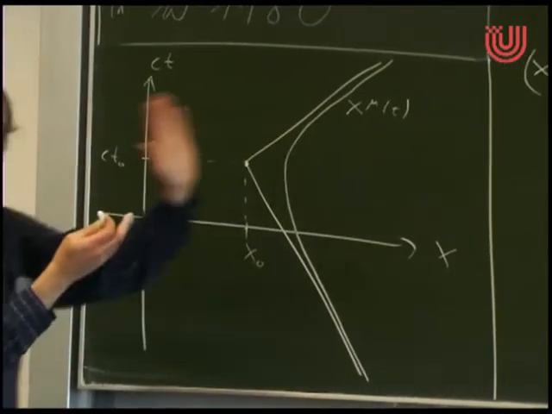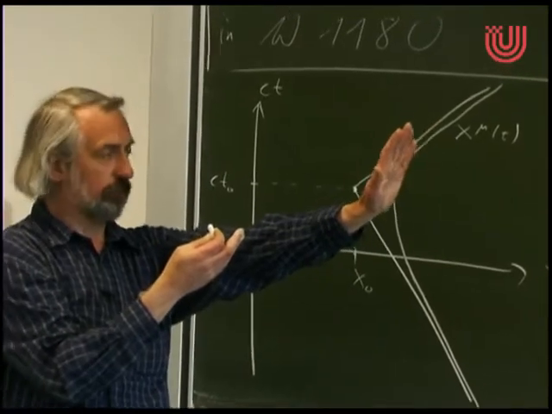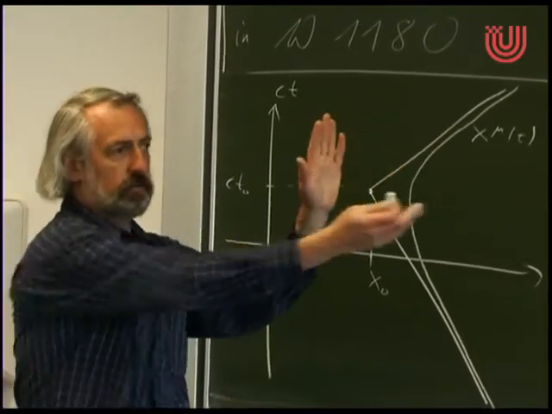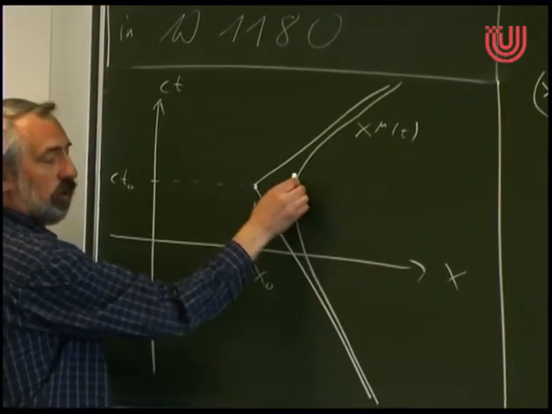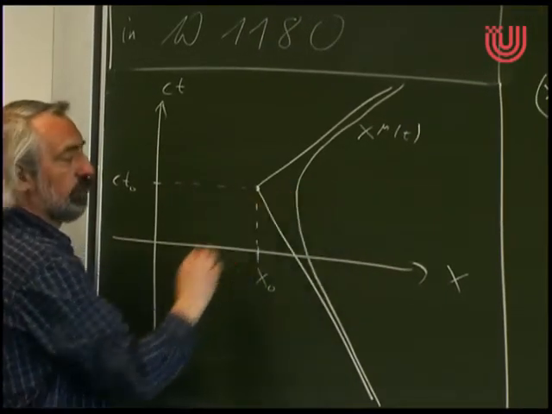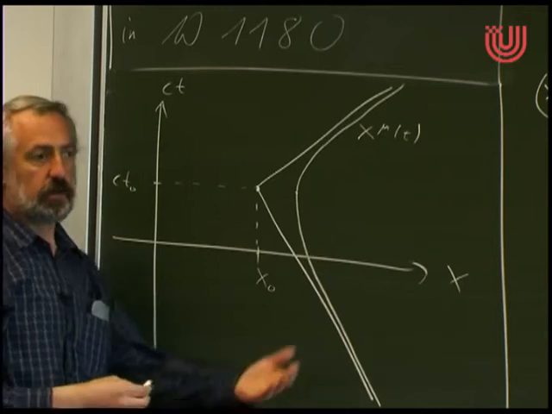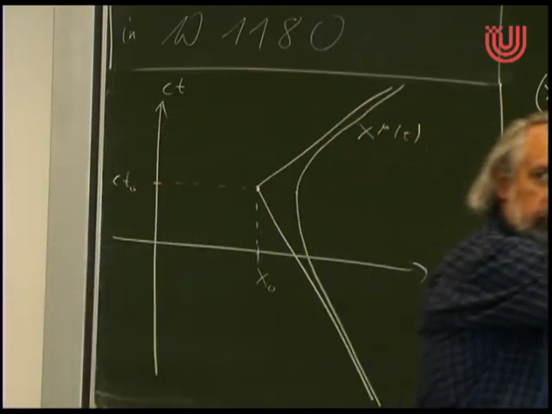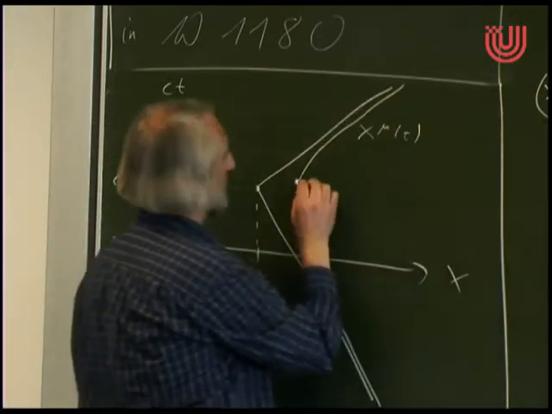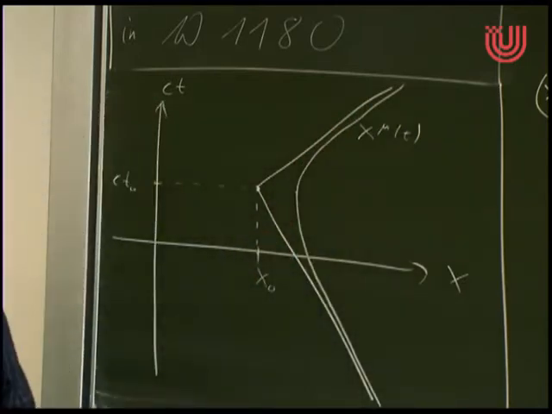And then the acceleration slows it down. So it becomes slower, slower, slower. This means the world line becomes more and more vertical. Here at this moment, it is at rest for one moment. So it slows down, comes to rest at one point, and then it re-accelerates into the positive x direction, becomes faster, and approaches the light cone again.